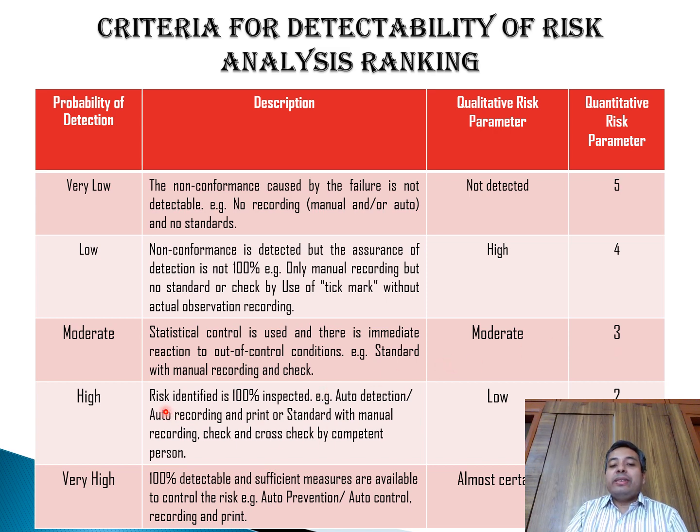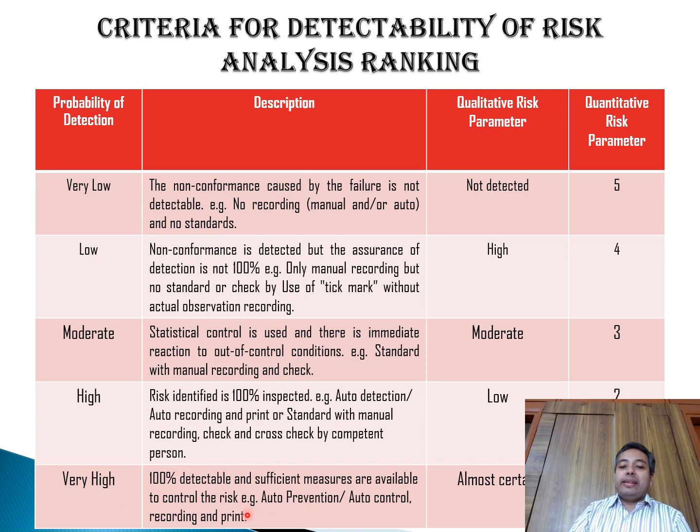After that, if the system has the capability to identify the risk 100%, and the identified risk is inspected, for example, auto detection or auto recording and print, or a standard with manual recording, check and cross check by a competent person is available in the system, then the strength of the detection system can be categorized as low, and the score can be given as 2.